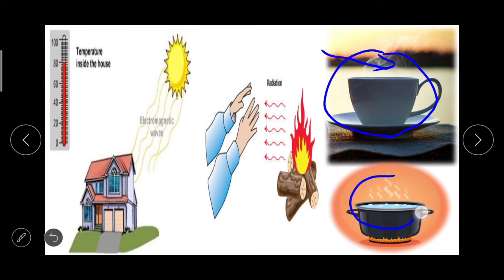Here also the boiling water temperature, here also, and in this also. So all these things are related with the temperature, and in our daily routine or in our daily things we are familiar with the concept of temperature.